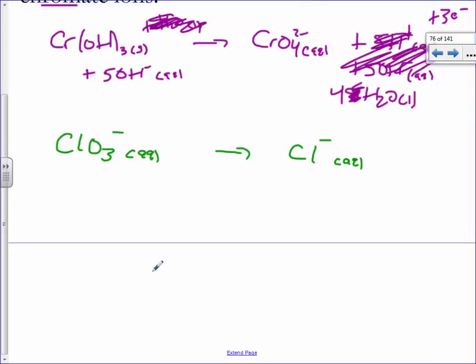Do the exact same process. Okay, so step 1, balance your non-hydrogen oxygens. Done. Chlorines are balanced. Oxygen, there's 3 sitting on the left-hand side, so I'm going to add 3 waters over to this side right here. That'll fix my oxygen conundrum.